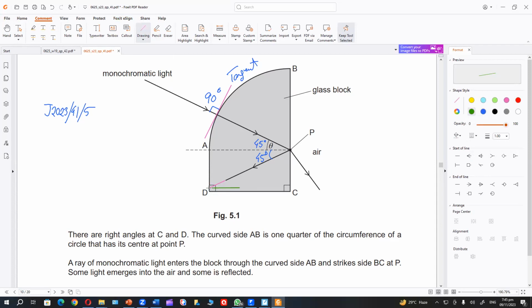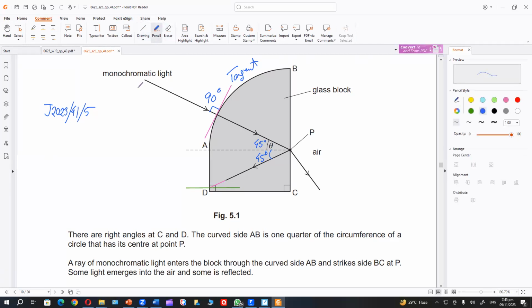Let me draw a normal here. Now I have drawn the normal. Using maths, can I write 45 degree here also? Parallel lines, alternate angles.